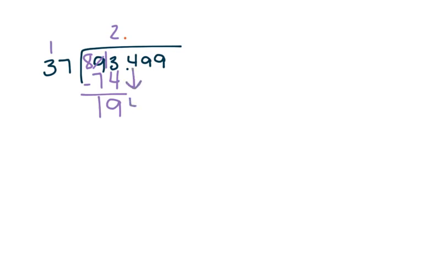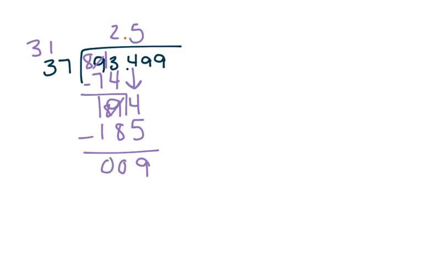Bring down the 4. 3 can go into 19 6 times without going over, but 6 times 7 is 42, so that's going to be too high. Let's try 5. 5 times 7 is 35. 5 times 3 is 15, plus 3 is 18. 14 minus 5 is 9. 0, 0. Bring down the 9. Okay. Let's try 2 again.